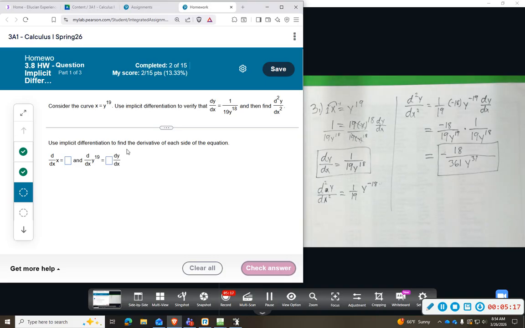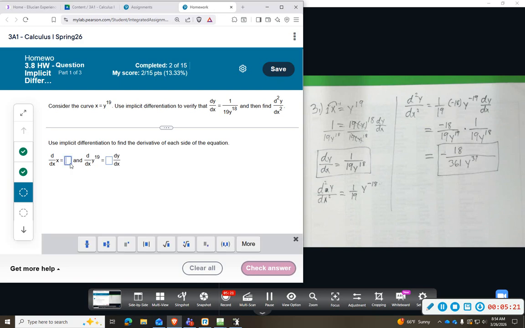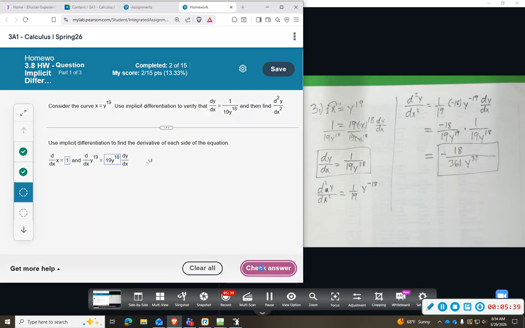So first it says use implicit differentiation, d/dx. We got 1. The derivative of y to the 19th was 19y raised to the 18th dy/dx. So that was the first part that we did here. And then it says solve for dy/dx.